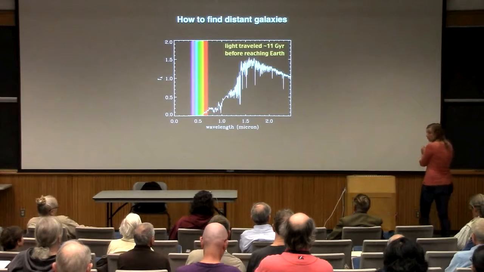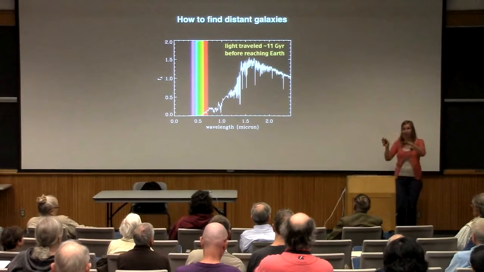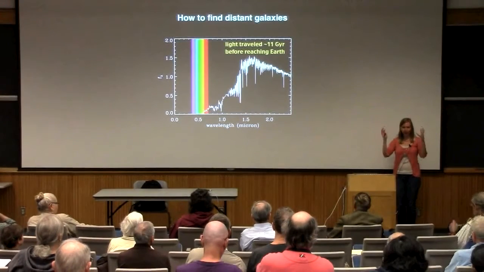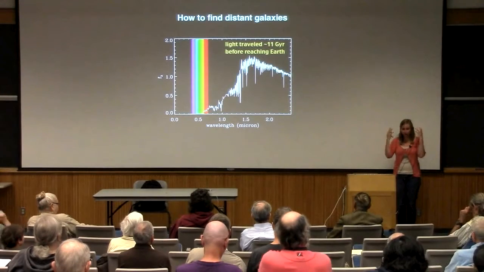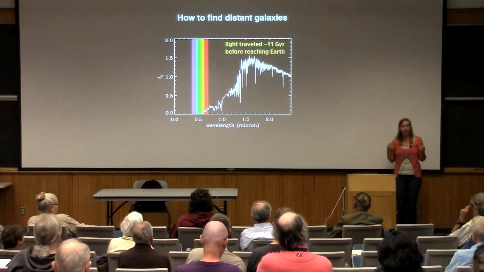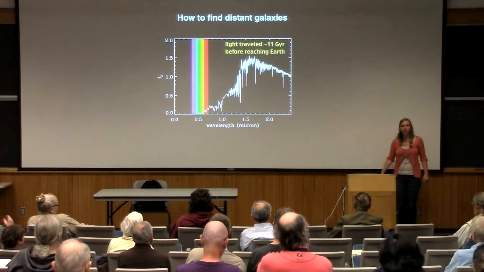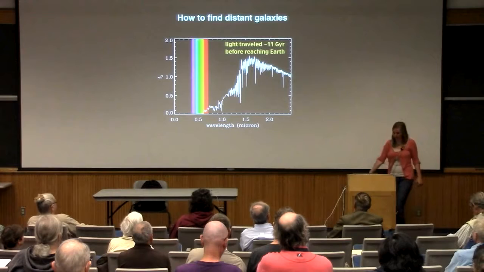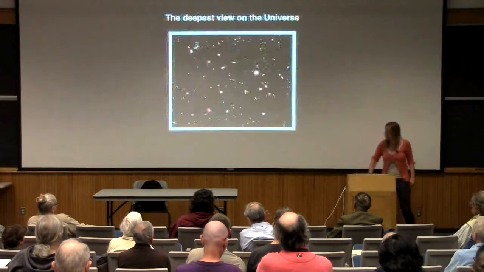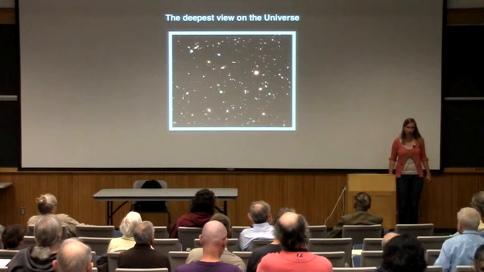If we want to find very, very far away galaxies and we look with our optical telescope, a telescope that, like our eyes, is sensitive to visible light, we're not going to see them. So we have to go to near infrared or infrared wavelengths. For example, here you see one of the deepest views of the universe, taken with the Hubble Space Telescope.